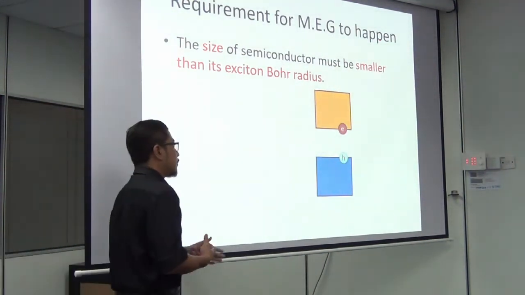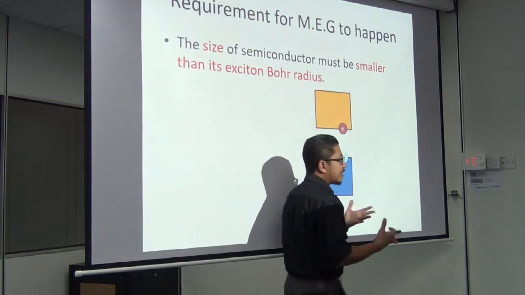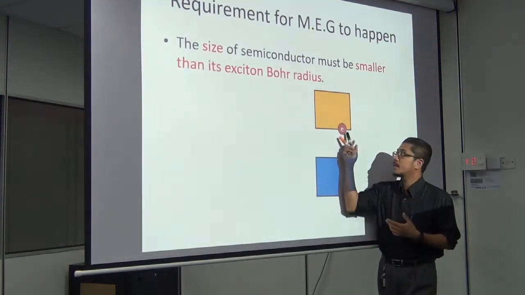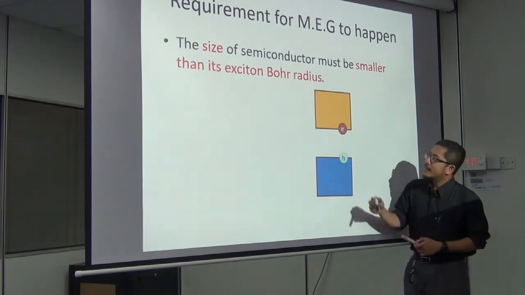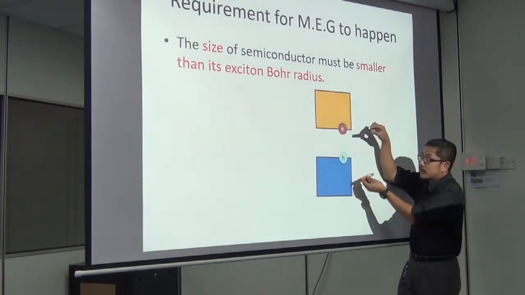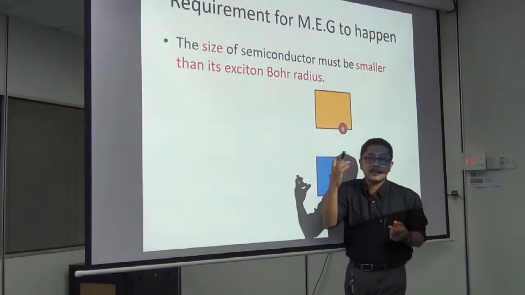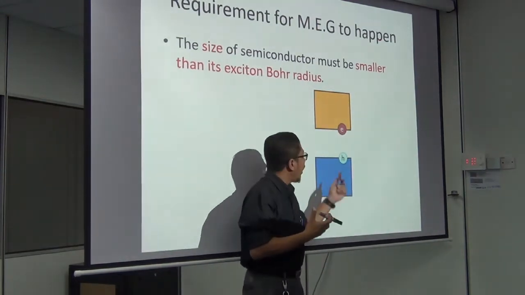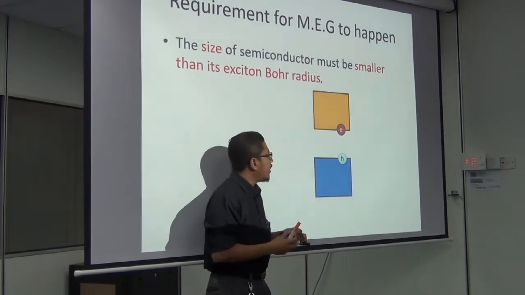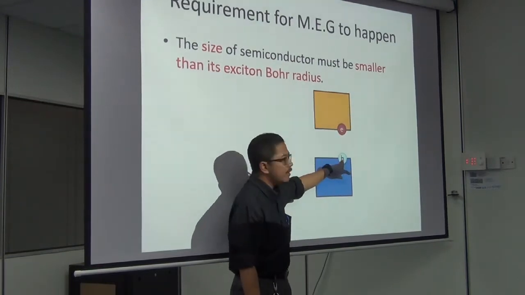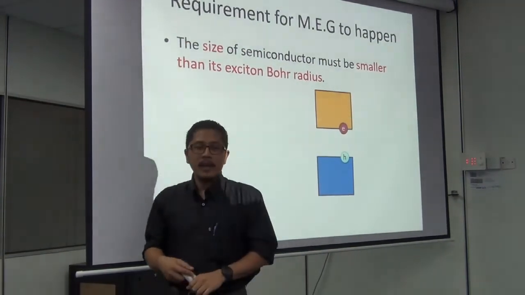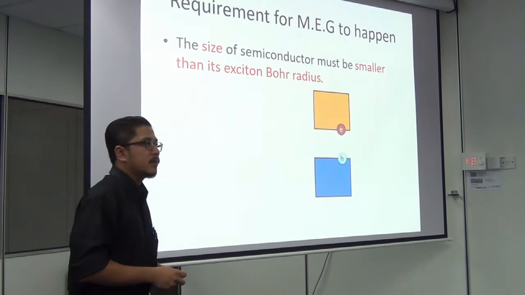Okay. After absorbing the sunlight with sufficient energy, this electron will be excited. And the distance, not distance in terms of energy, the real distance when the electron is being excited. What is the distance between this electron and this hole? That is the exciton Bohr radius.